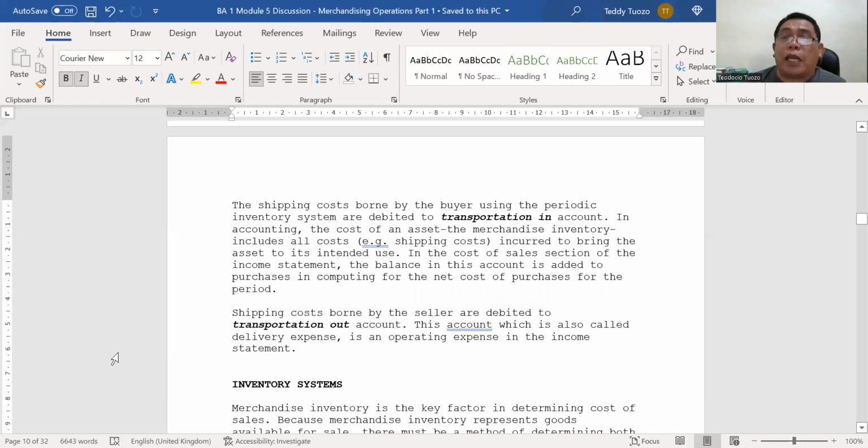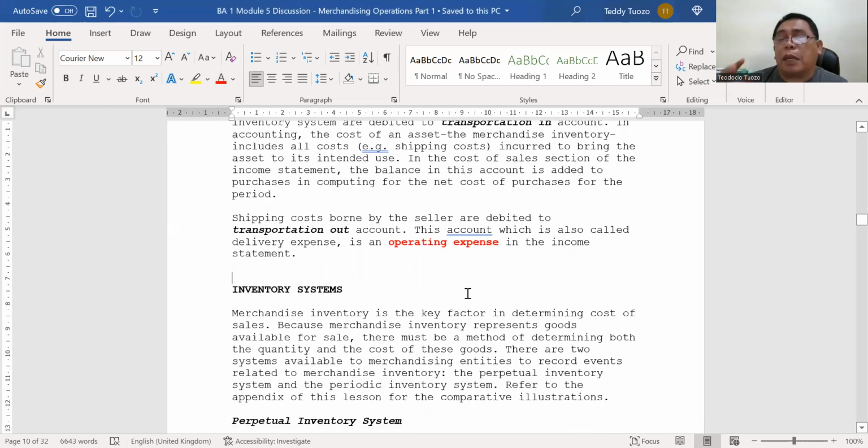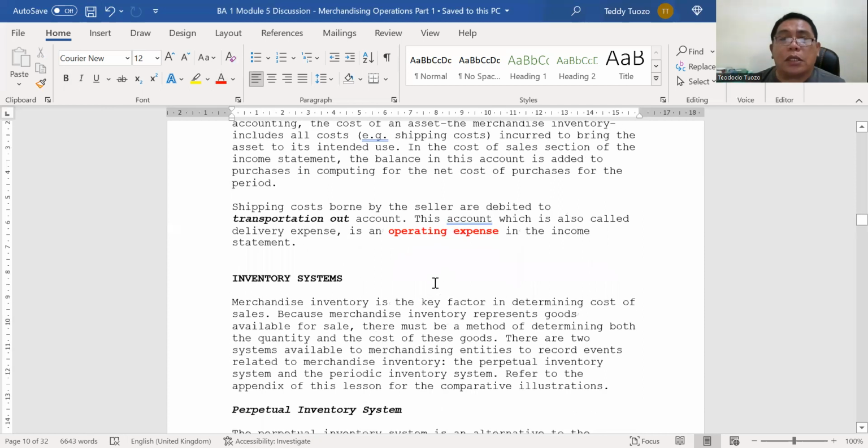This is classified as an operating expense. Take note, class. This is an operating expense and transportation out. Whereas a transportation in is an asset or inventory or additional cost to inventory of the buyer. Itong goods na ninyo tagpalit. So ang kantidad mag-include, of course, of the shipping costs.